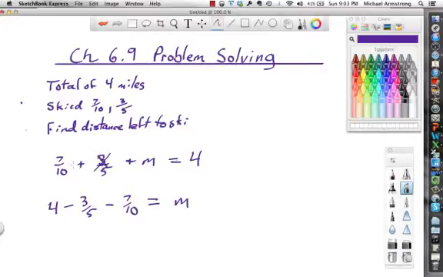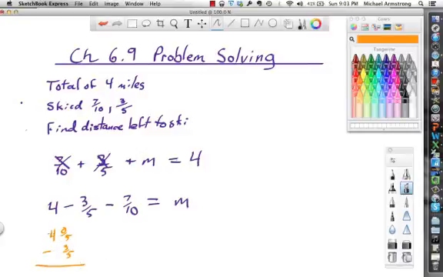It's kind of like crossing it out, get rid of that one, and that leaves us with M. When we subtract them away from this 4, it's kind of like getting rid of them. Alright, so 4 minus 3/5. And that's sort of like saying 4 and 0/5 minus 3/5.